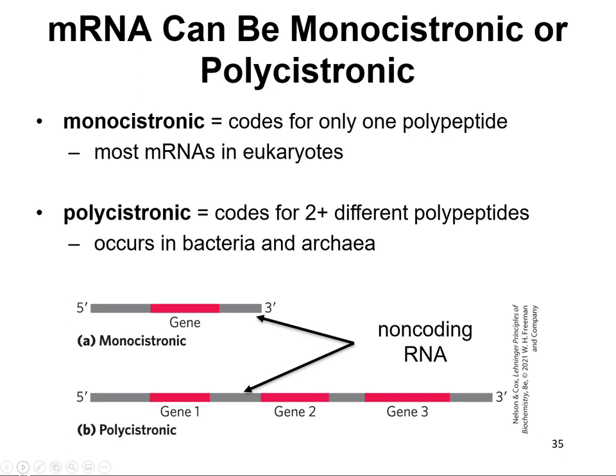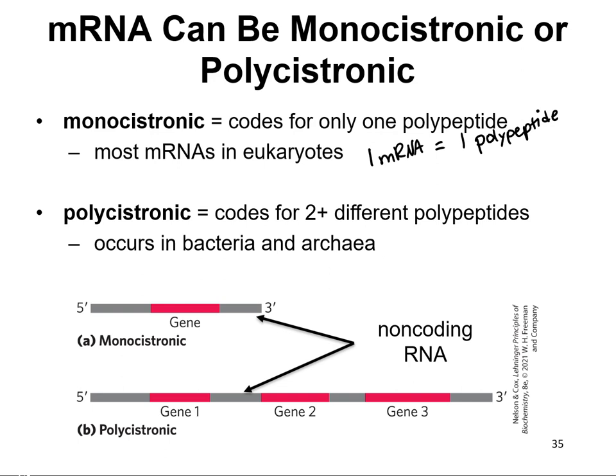When you form mRNA, you can have monocistronic or polycistronic. Monocistronic means that the mRNA codes for one polypeptide. So one mRNA equals one polypeptide.